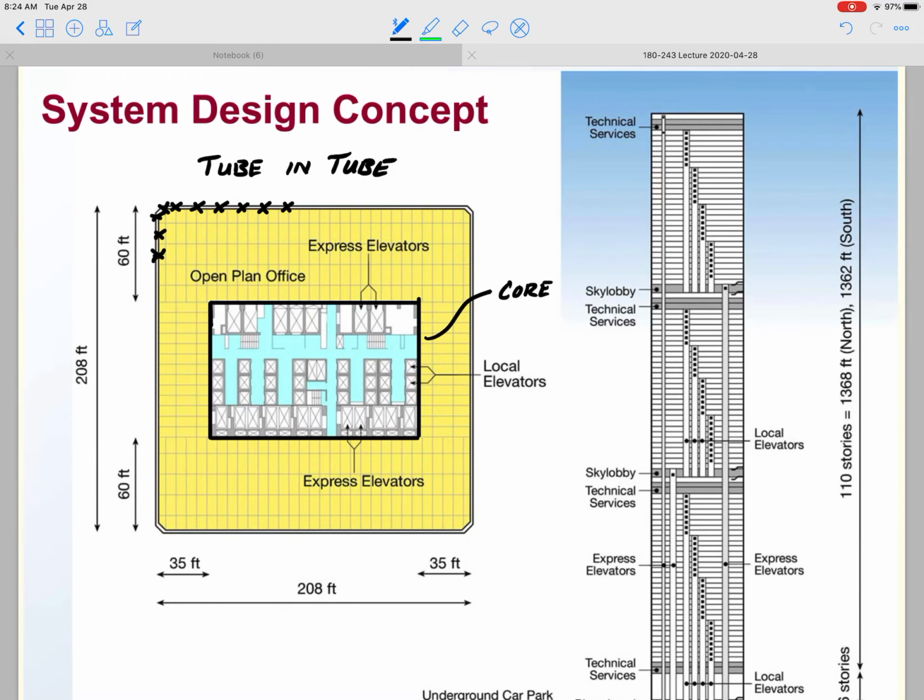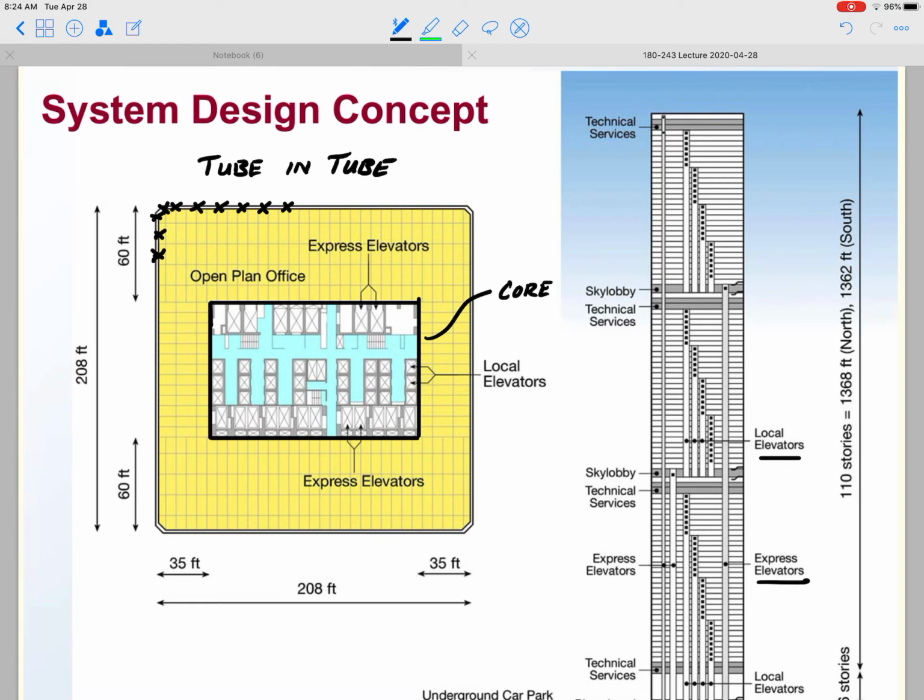And one of the keys to the success of the World Trade Center was the location of the elevators in the central core. In order to allow that to happen, and for it to be efficient for a 110-story building, they had to have express elevators as well as local elevators.